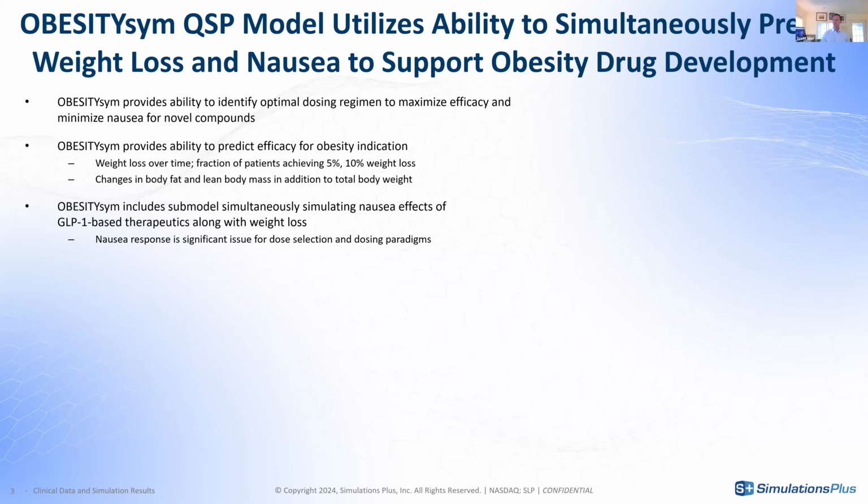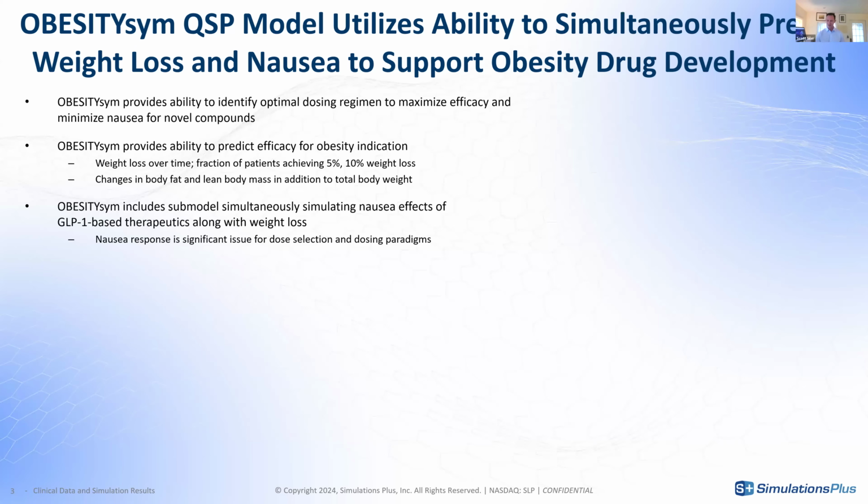Okay, so this is sort of the upshot of OBESITYsym, its attributes, and then of course we'll dive into this in greater depth subsequently. At its core, we've developed OBESITYsym to support predictions of efficacy, weight loss, while at the same time predicting nausea, one of the primary potential adverse events.